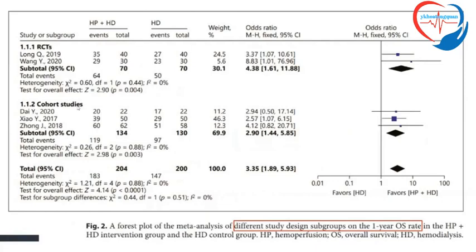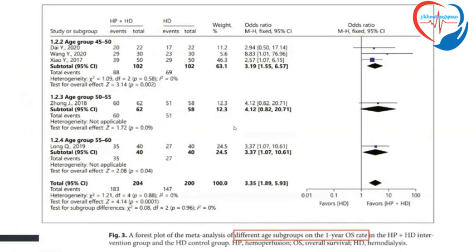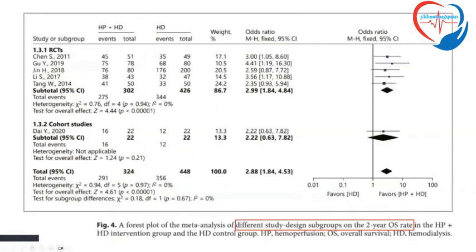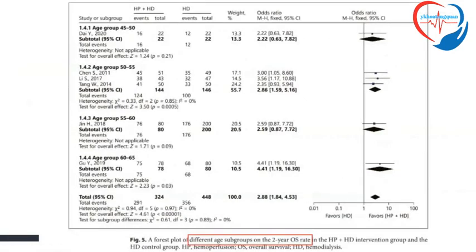Here you see that there was a significant difference in studies with different designs, both randomized trials and cohort studies, at 1 year. And this is also related to different age subgroups at 1 year. But the interesting thing is that we have data at 2 years for different studies, randomized and cohort studies, and also for different age groups.